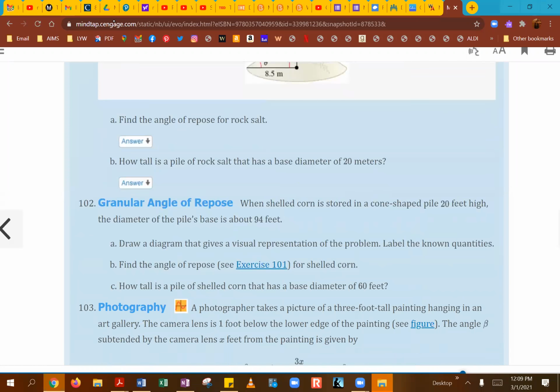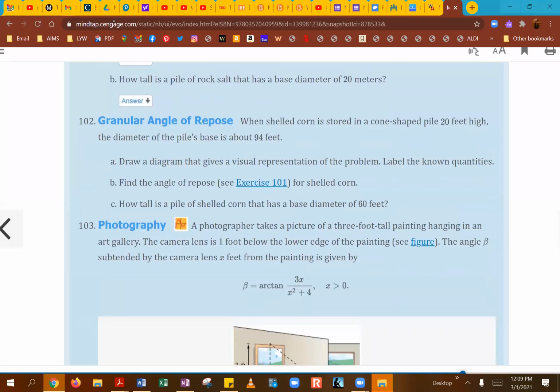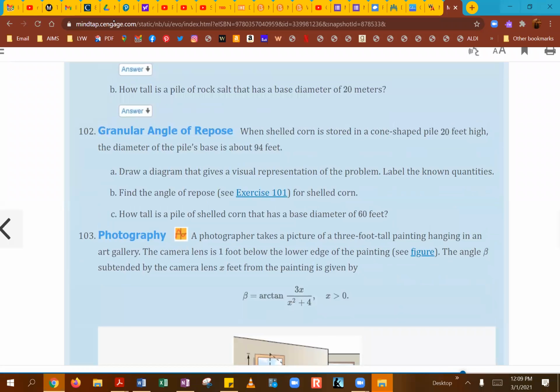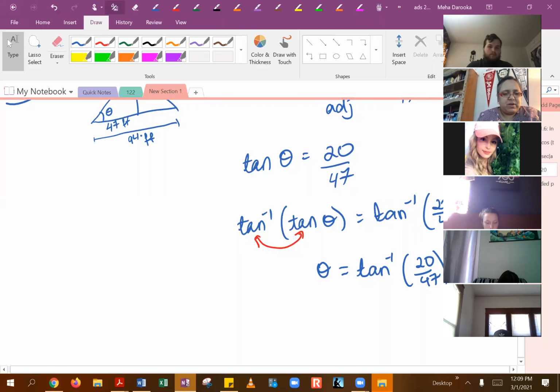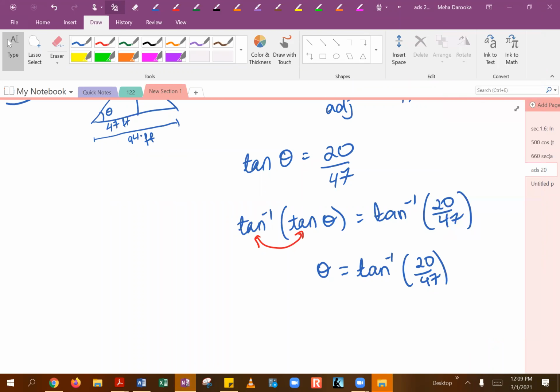They're not really telling us, but let's do this in degree mode. So just make sure your calculator is in degree mode, and then we are doing tangent inverse. I can see some of you have already calculated that, so very nice. 23.0513. It keeps going, but we'll just do 2 decimal places.